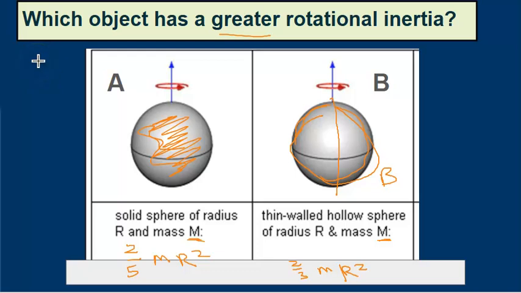And you don't need to memorize any of these values, even if you're taking the AP. Most of the time they give it to you. There's a couple you will need to memorize, but I'll go over that at the end. So the rotational inertia of the solid sphere is 2/5 mr squared, and of the ping pong ball mass distribution is 2/3 mr squared.